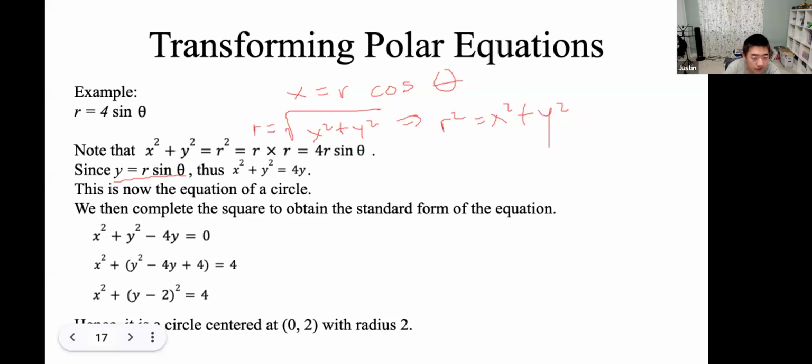And then you can turn this into x squared plus y minus 2 squared equals 4, which, if you recall, is the equation of a circle. So this is an example of how you would do that.